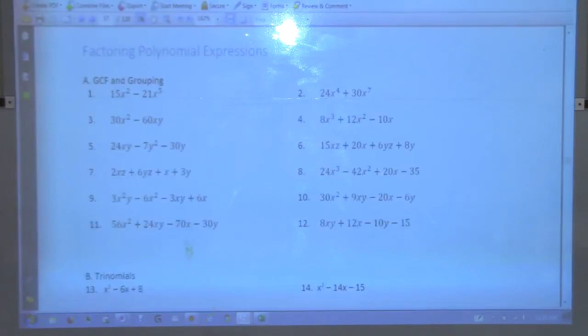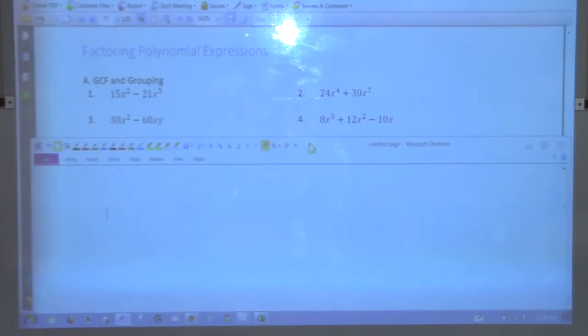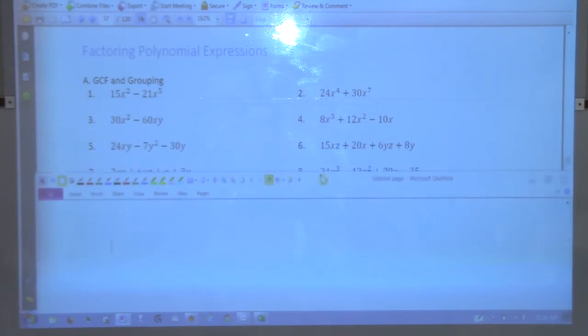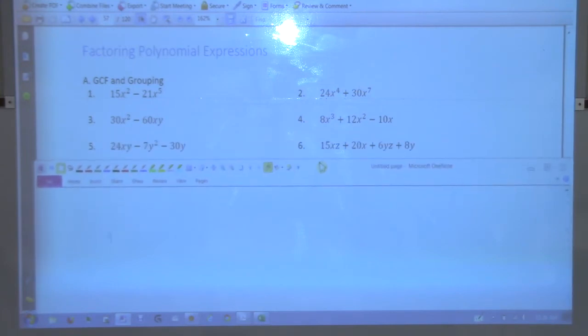So let's start with our first example. I'm just going to pull some problems here out of the packet. I have to pick these carefully right now because we can only do certain ones.